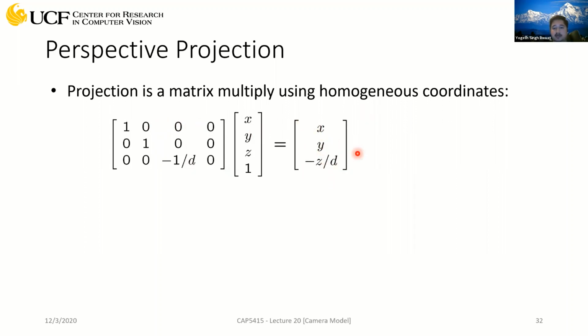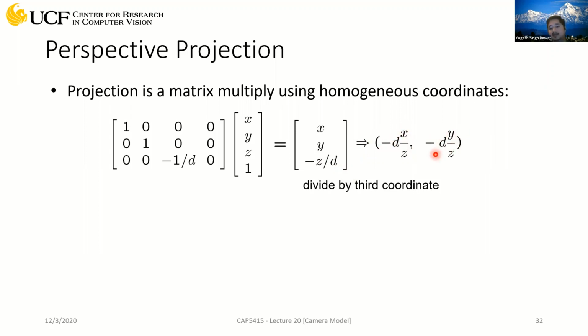Now, if you try to get the coordinates back from these homogeneous coordinates, as I told you, you can just divide these values with the third element, all right? And that will give you x over, so z will go in the denominator and d will go in the numerator, you have the negative sign, right?